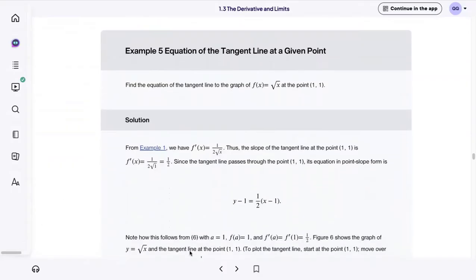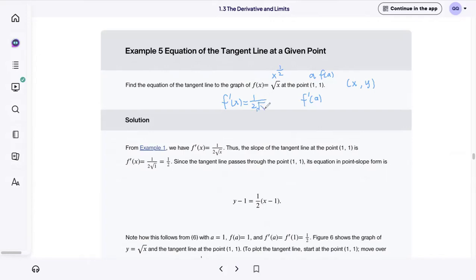Let's use that for this example. We have a, we have f of a, and another point, just x and y. So all we need is f prime of a. So f prime of x, remember this is x raised to the power of a half.